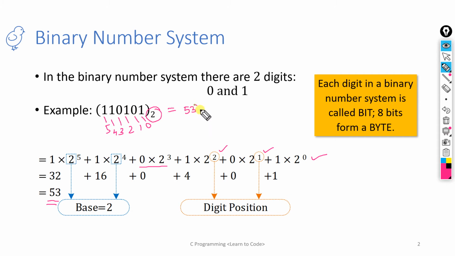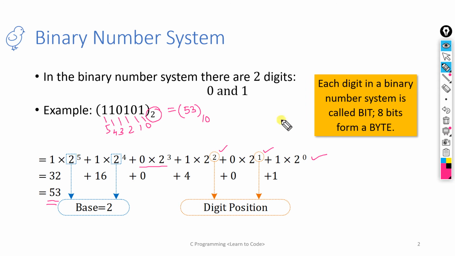That means if a number is given in any number system, let's say binary, or it may be octal, or hexadecimal, when you multiply each digit with its base to the power of its position and then add all of them, you will get the decimal equivalent of that particular number. It will soon become clear when we discuss all the number systems continuously.